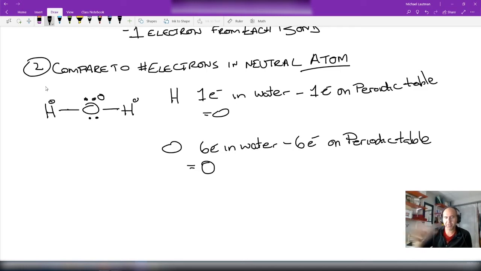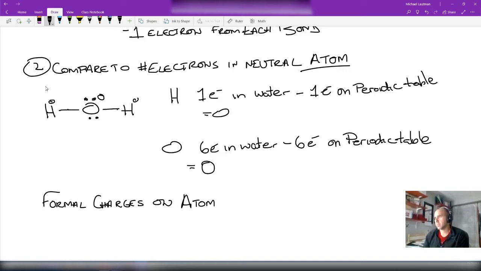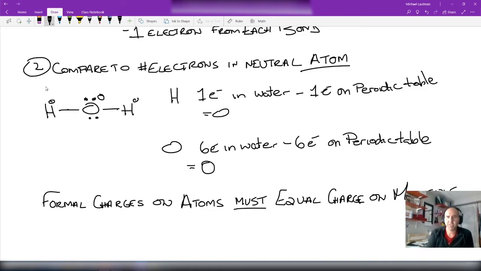And that's good because I want the formal charges to add up. It's really important that the sum of the charges on the atoms has to equal the charge on the molecule.